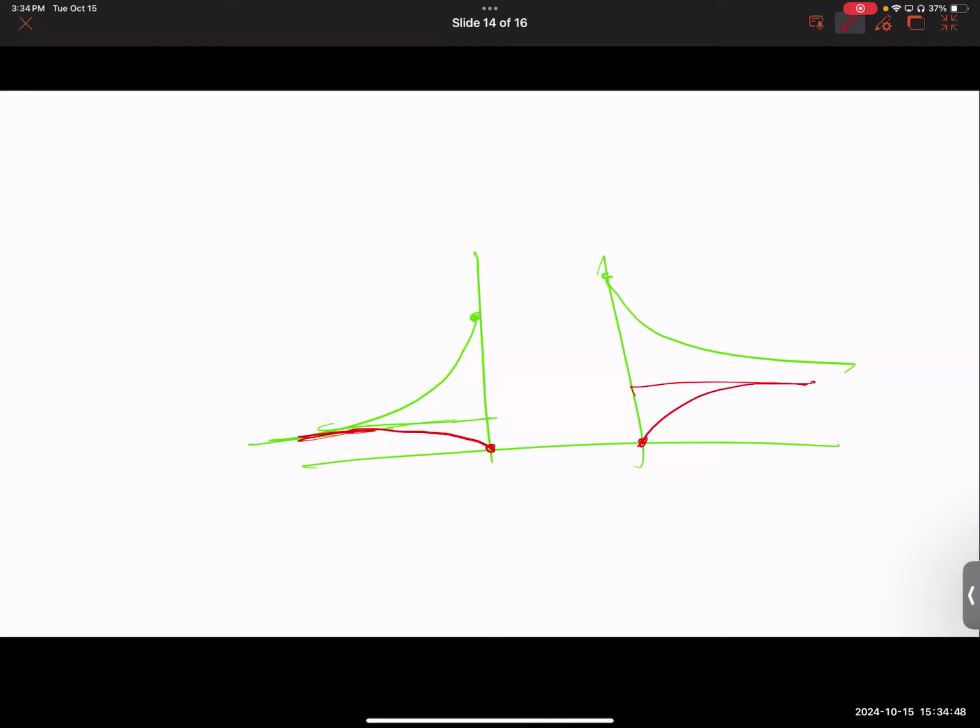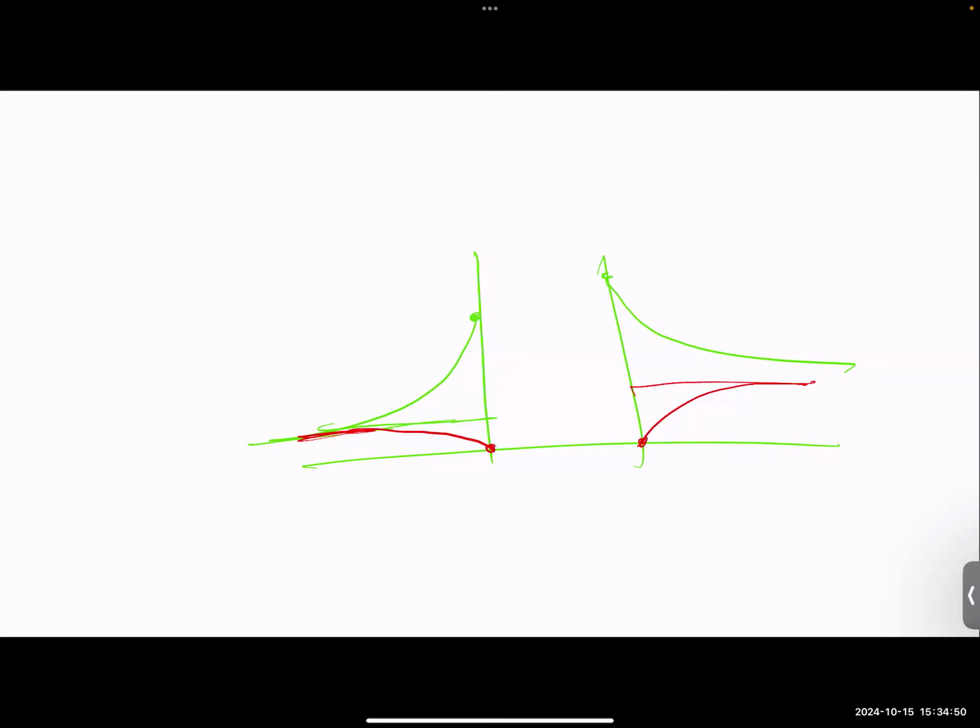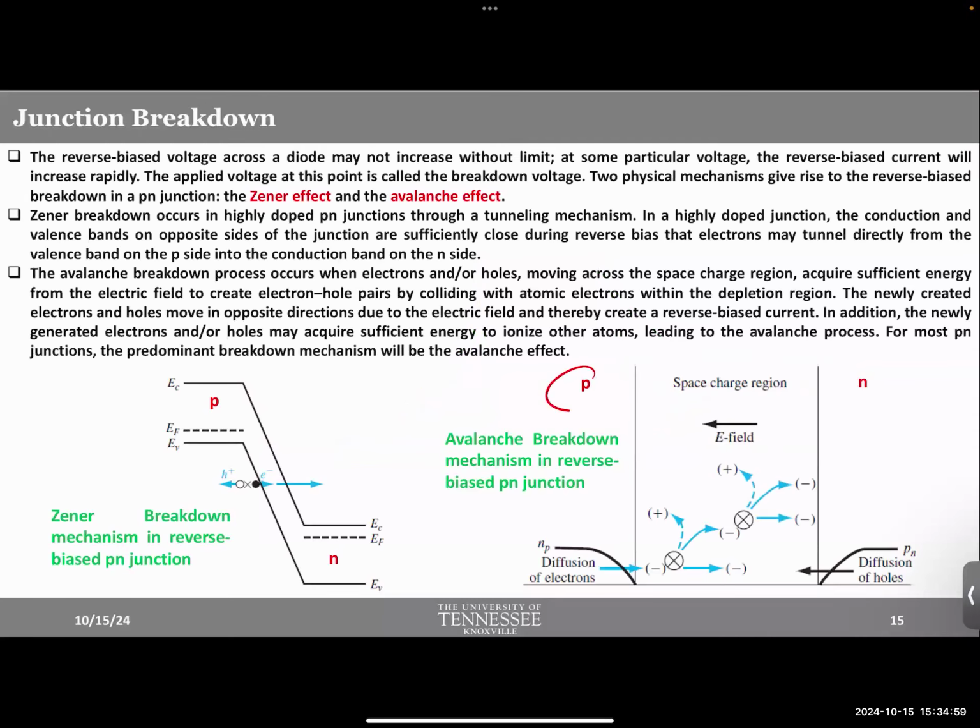Again, why? Because when you reverse bias, you basically kick out any carrier from near the surface to the other side. Let me explain that. This is P-type, this is N-type. When you reverse bias, you apply negative bias here and positive bias here.